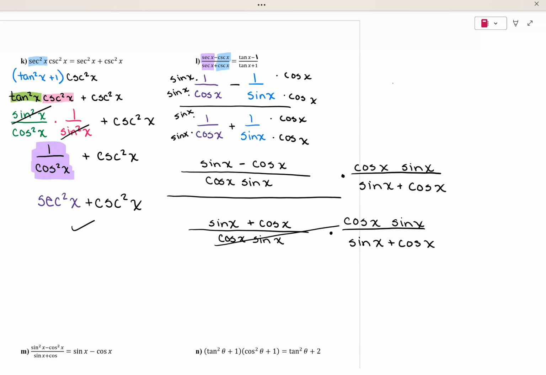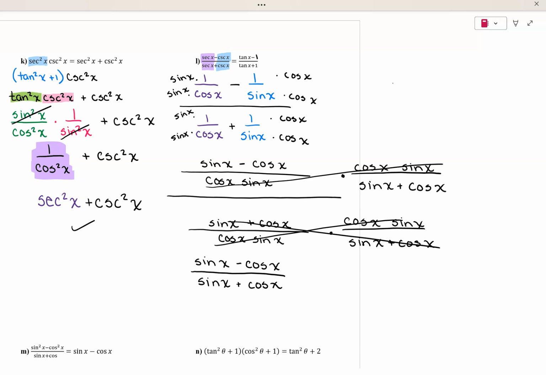Okay, so notice these cancel, these cancel. Notice up here though, these cancel. So I'm left with sine of x minus cosine of x all over sine of x plus cosine of x.